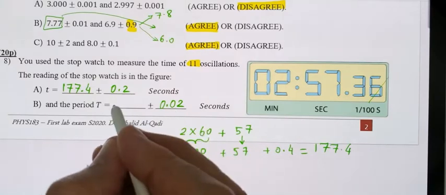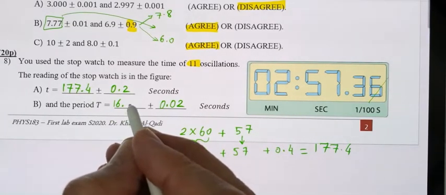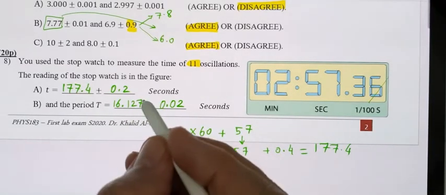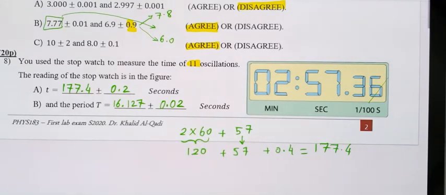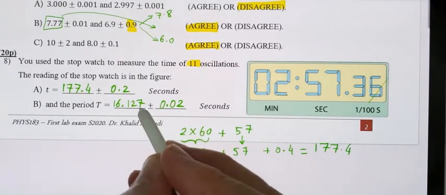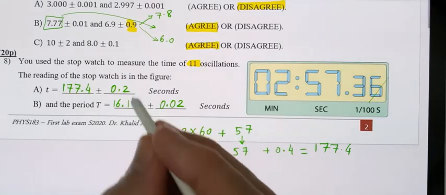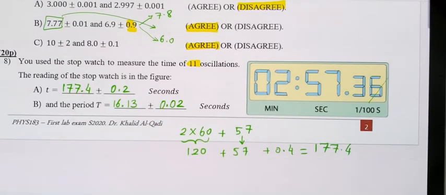So it will give me 16.127. I have to get rid of the 7 because here the accuracy, that's the second rule. Number has to match the error in its accuracy. So here is 1 over 100, here is 1 over 1,000. So this has to disappear. So then it becomes 16.13.